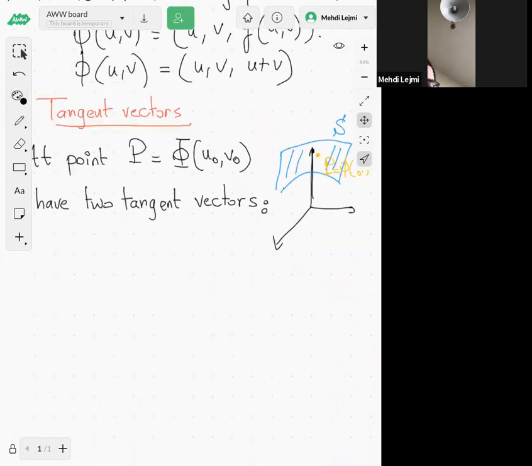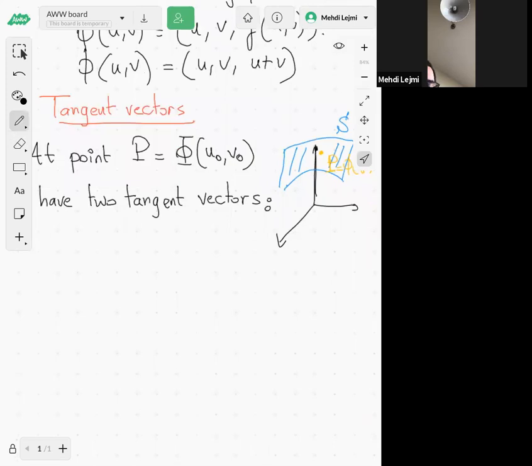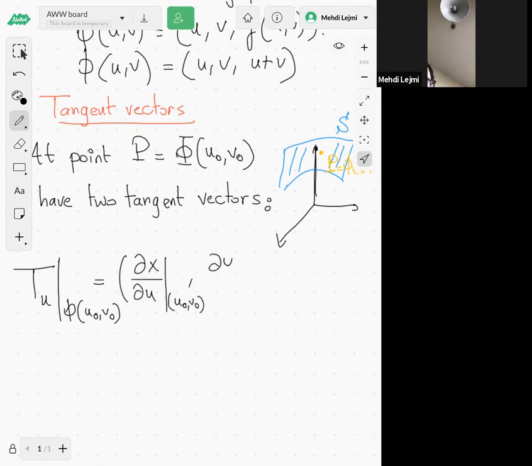Let's call the first tangent vector capital T index u, at the point P. So this is just the derivative of x with respect to u, derivative of y with respect to u, and then derivative of z with respect to u. Okay, so this is the first tangent vector.